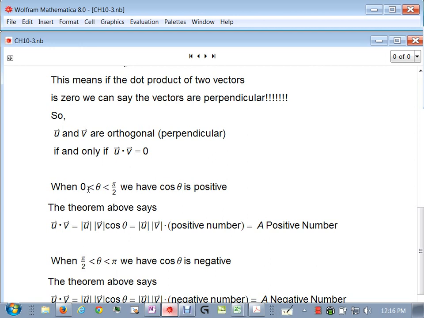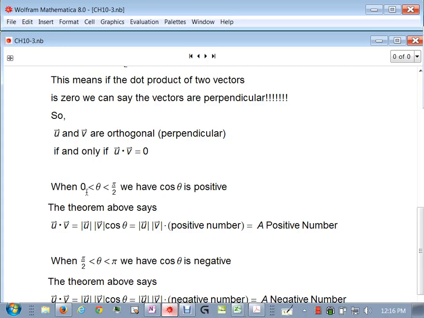Cosine is positive. So since that's a positive number, and the magnitude of two vectors, or their lengths, should be positive, that whole thing has to be positive, right? So if my dot product turns out to be positive, I know that the angle between these two vectors is smaller than 90 degrees.